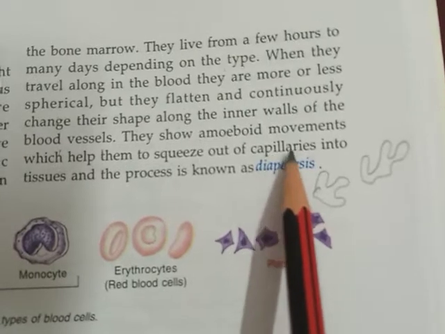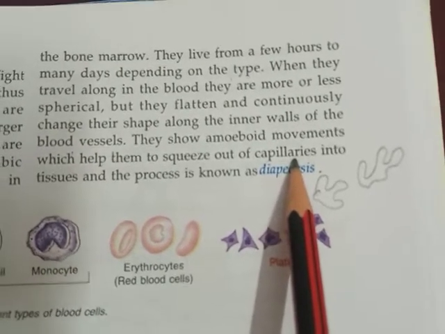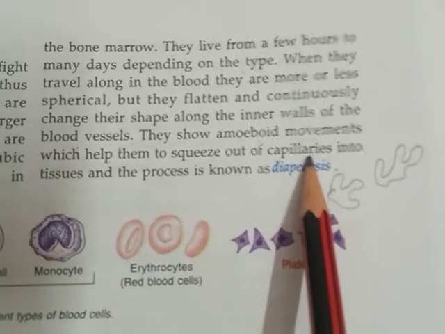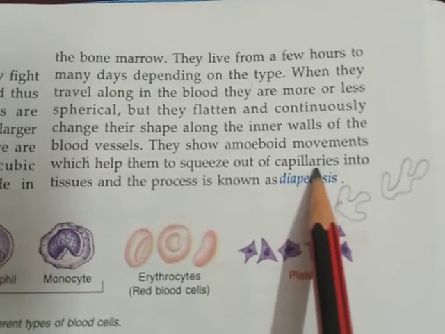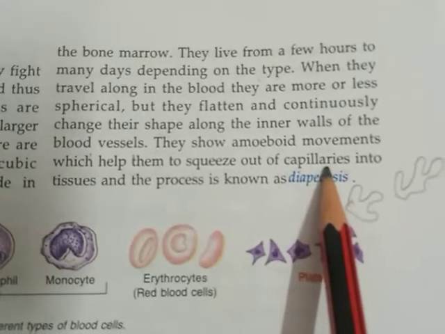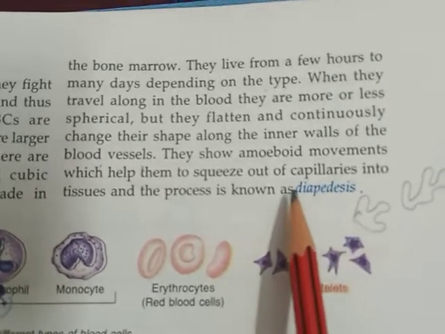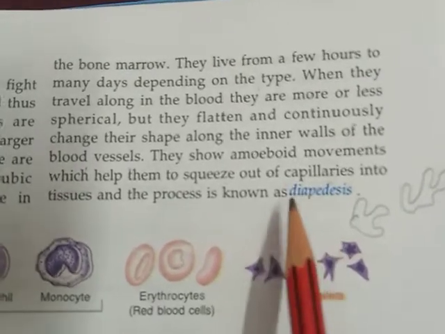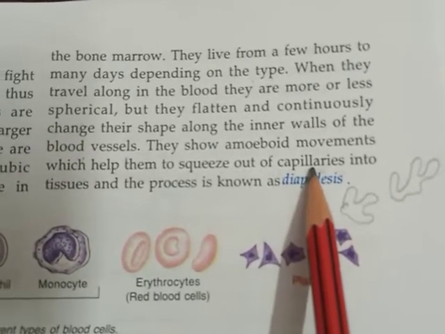I told you, children, that there are three types of blood vessels: arteries, which carry oxygenated blood; veins, which carry deoxygenated blood; and capillaries. They are very fine blood vessels. They are known as the capillaries.